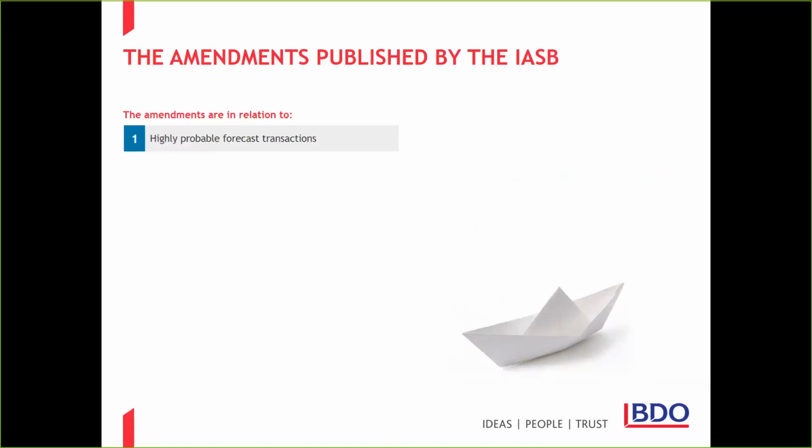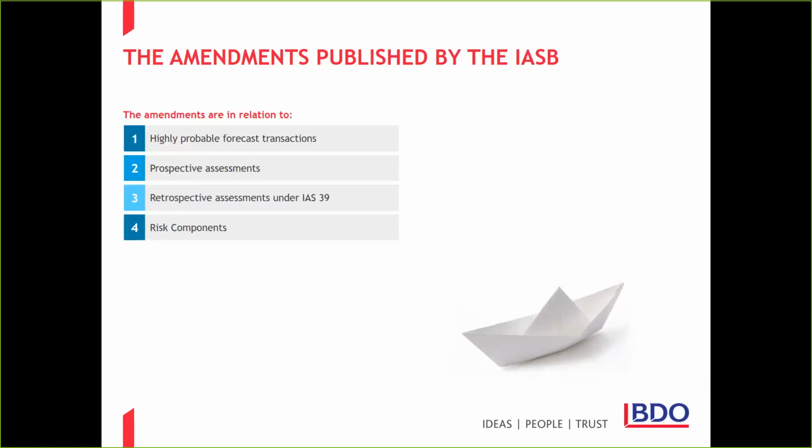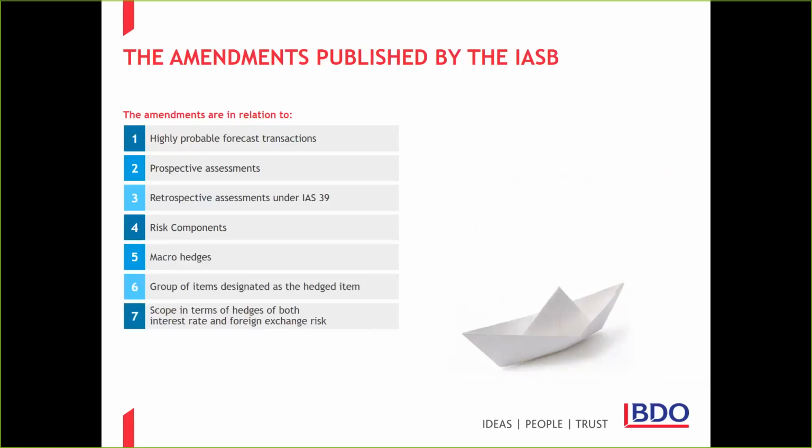These are requirements relating to forecast transactions under IAS 39 and IFRS 9, prospective assessment testing that is required under IAS 39 and IFRS 9, retrospective assessment testing that is required under IAS 39, risk component requirements, macro hedge requirements, requirements relating to groups of hedged items, the scope of the amendment in relation to the hedged risk, and additional disclosures that are required for those hedge accounting relationships that are subject to the amendments, given they are impacted by the reform.